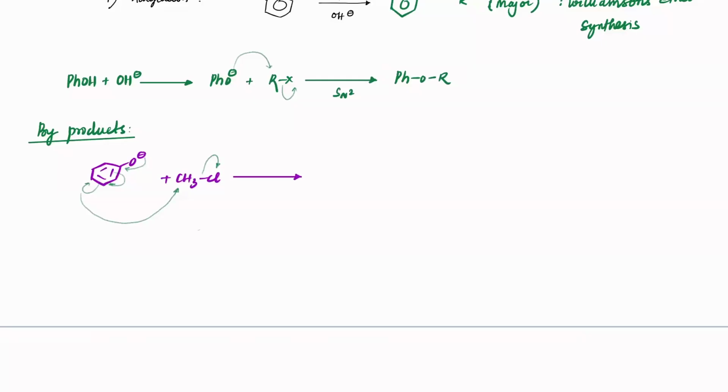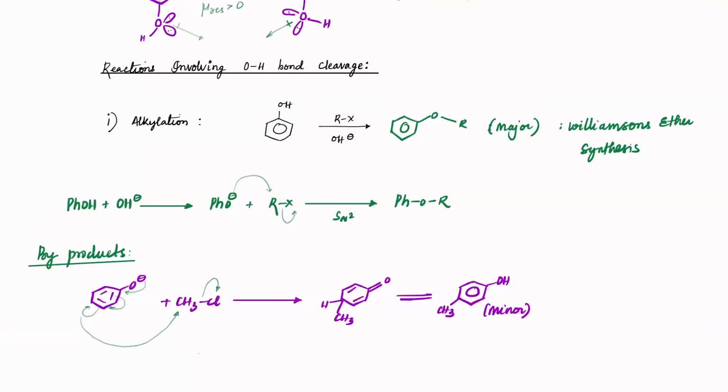Hence, we shall get this as O, double bond here with CH3 and H, and that tautomerizes back to give phenol. So we'll get phenol with CH3. Okay, but this would be the minor product. In fact, it's very specific to this type of solution we are dealing with.